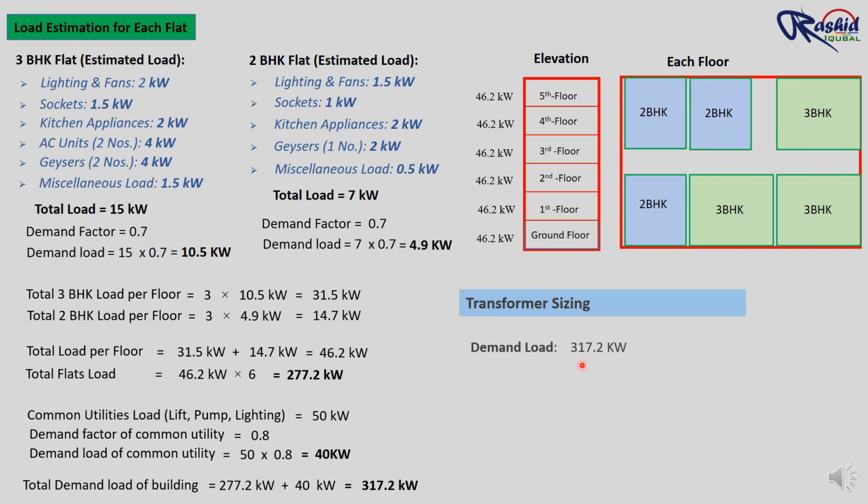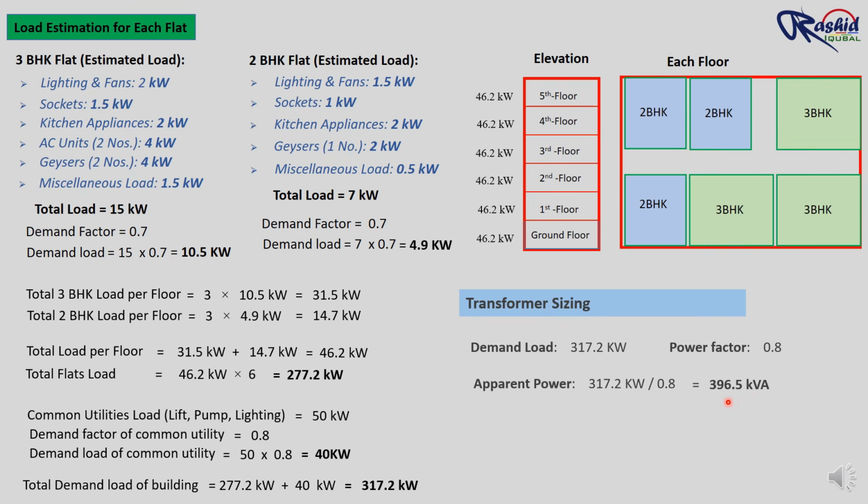I need to convert this kilowatt rating into kVA rating. That is why we need power factor. Let's consider power factor 0.8. After dividing by power factor, we get equal to 396.5 kVA. So this is the total load, 396.5 kVA.